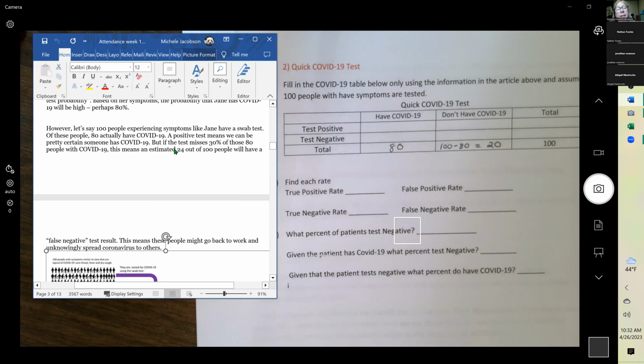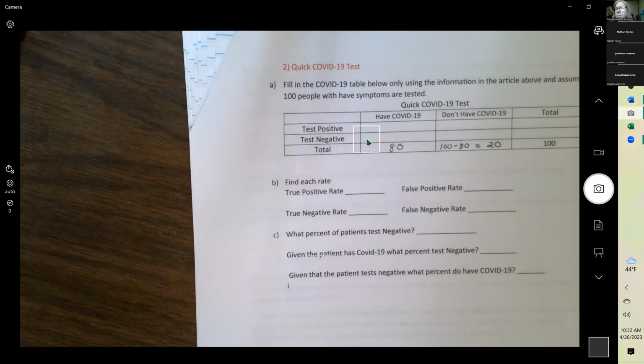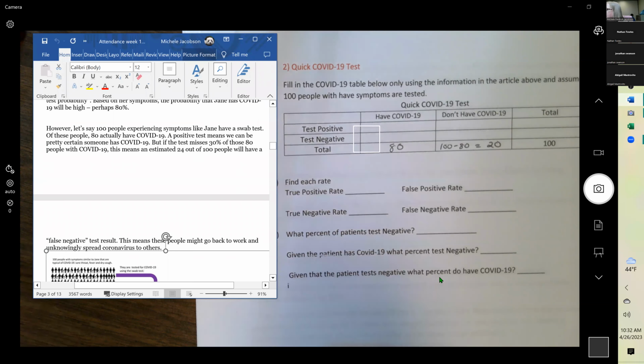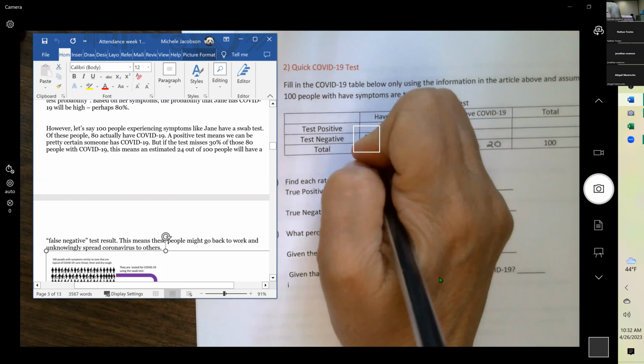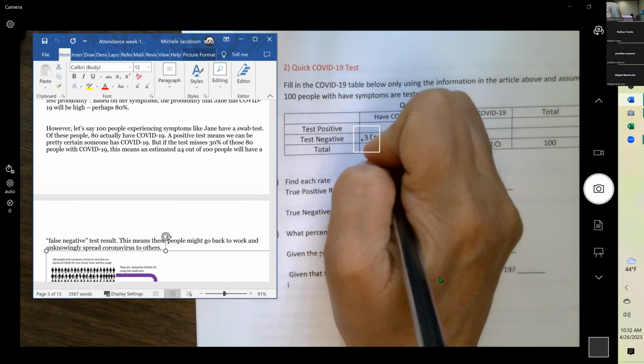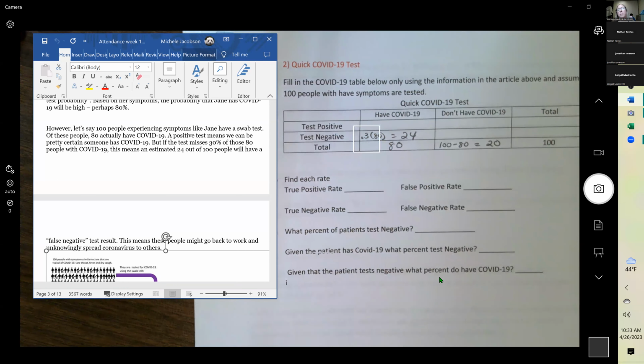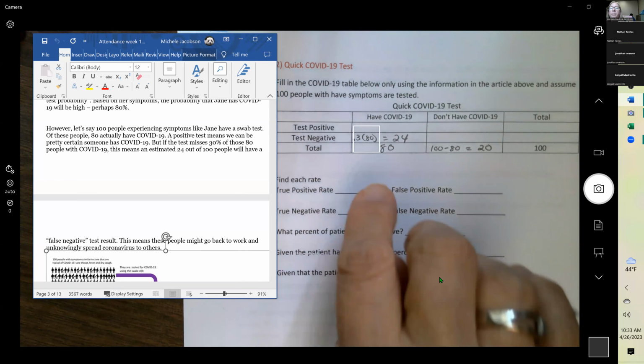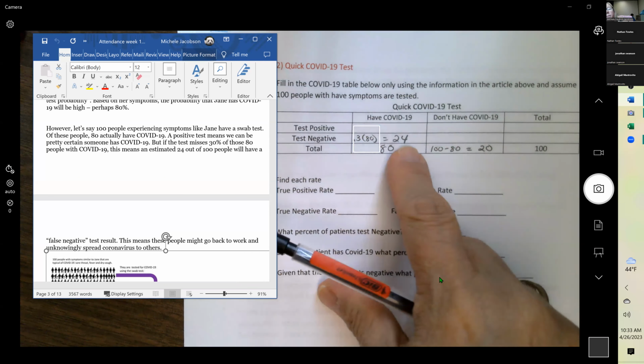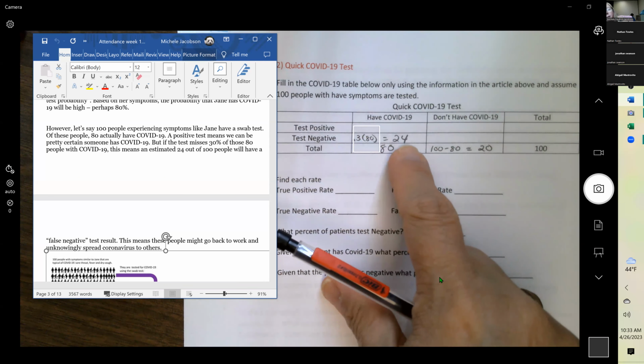It also says it misses 30% of the 80. 30% of the 80 is 24. So of the 80 people that have COVID, 24 of them test negative.